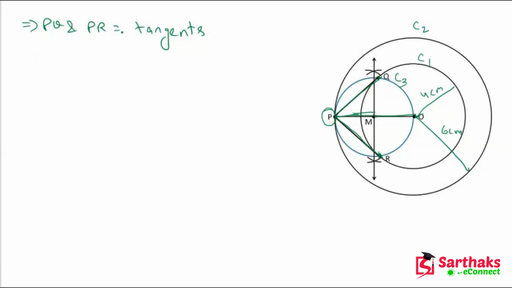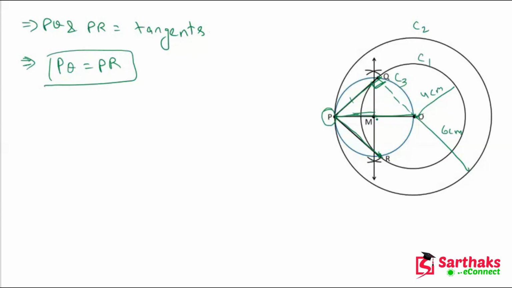Now we have to find the length of this tangent, and we know that if we draw two tangents from an outside point of the circle, then these two tangents are equal. Then PQ is equal to PR. First of all we have to join this line for measuring PQ.